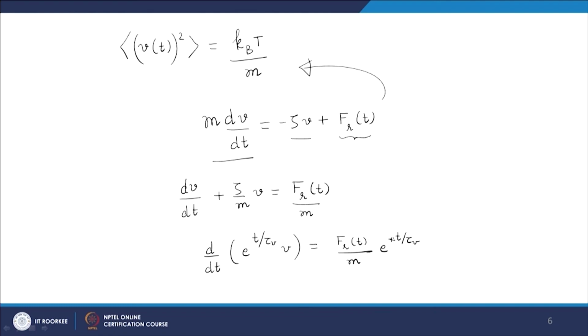So, this equation we have got. If I multiply both sides by e to the power t by tau_v, and now you can see if I take a derivative of this, this is what I am going to get, because this term is simply 1 by tau_v. Okay.